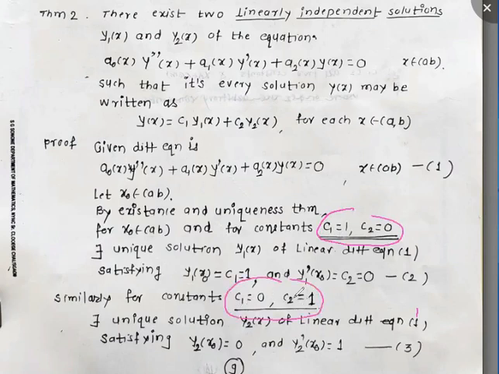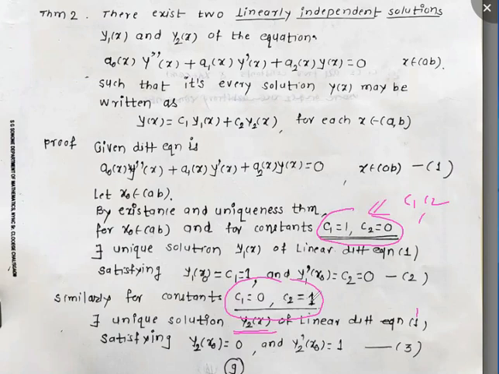c1 is 0 and c2 is 1. For these two constants, again by the existence and uniqueness theorem, there exists another solution y2, because if you select any two constants, there exists one solution satisfying such values.